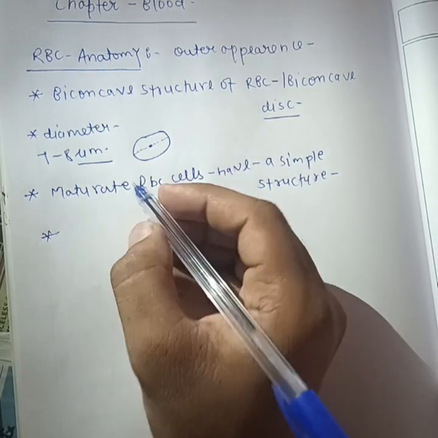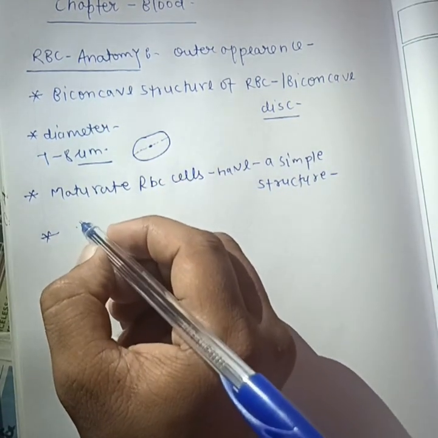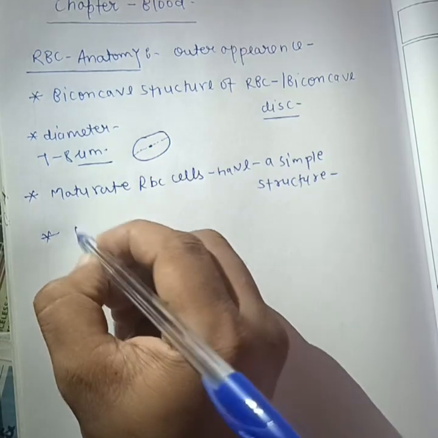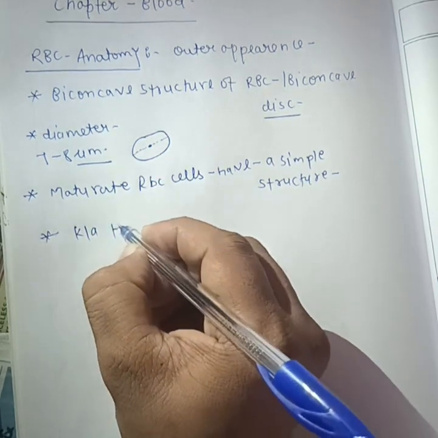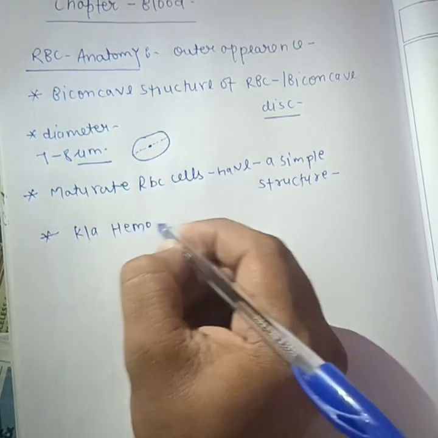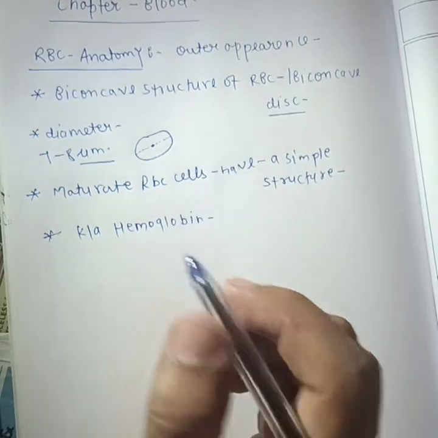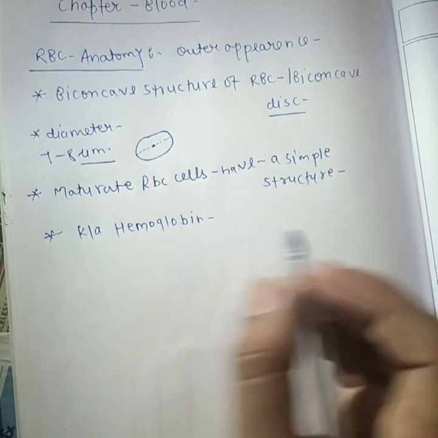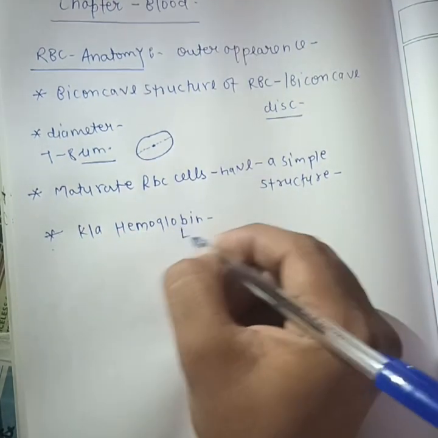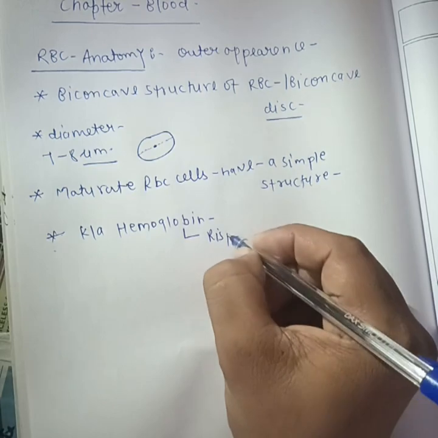Next, RBC contains a pigment called hemoglobin, which is a respiratory pigment.